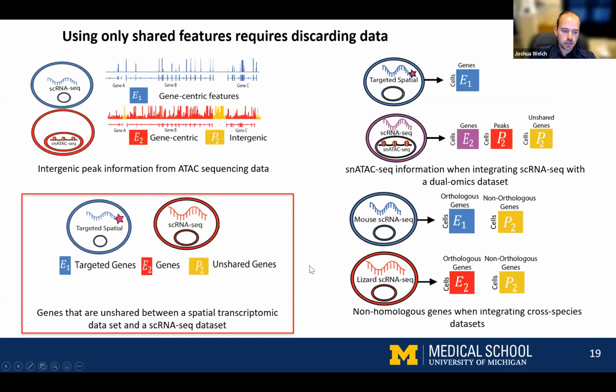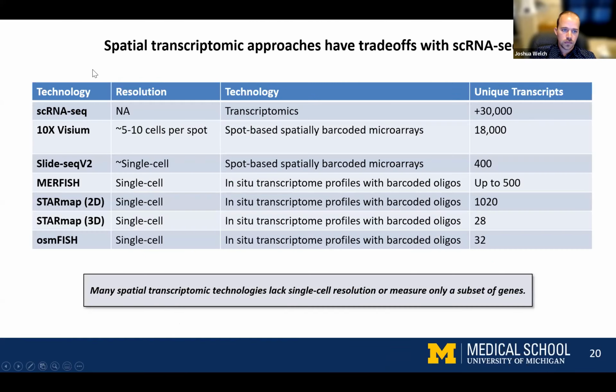The second application is the one where we found the biggest benefit from using unshared features, and that is integrating spatial transcriptomic data and single-cell RNA-seq data. So spatial transcriptomic protocols are great because they give you spatial coordinates and gene expression. And so you can use information about which cells are physically next to each other in the tissue to learn about tissue function.